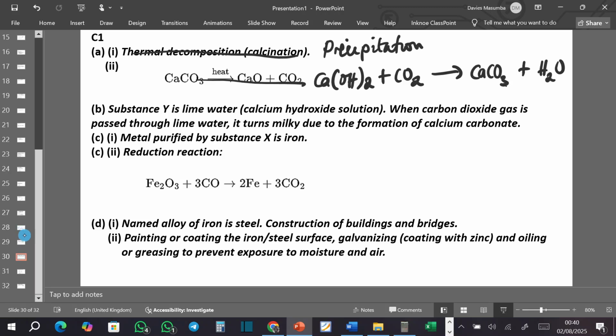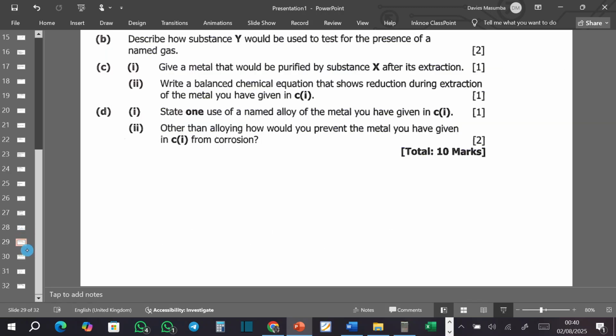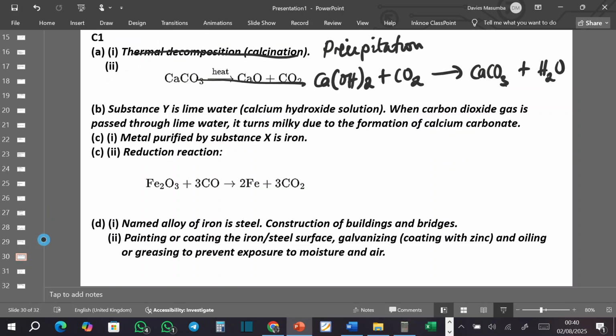Then we come to the other question. B, they're saying describe how substance Y would be used to test for the presence of a named gas. So we are saying substance Y is lime water, which is calcium hydroxide. When carbon dioxide is passed through lime water, it turns milky due to the formation of calcium carbonate. Good.